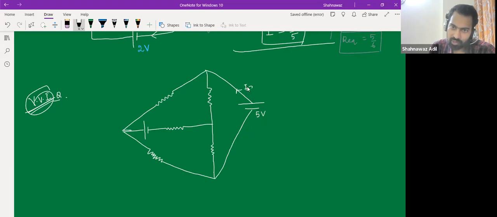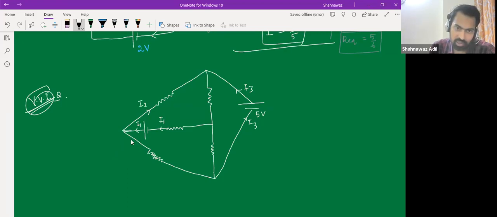So if I3 is going, I3 will be coming, right? And this is I1. If I1 is going, I1 will be coming, right? And let's say this is I2. So we again apply the junction rule here.